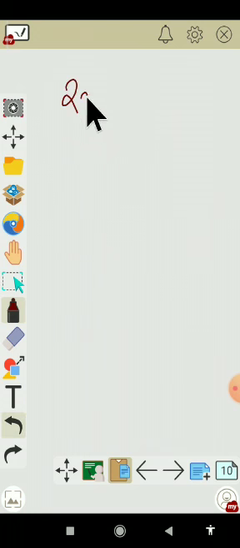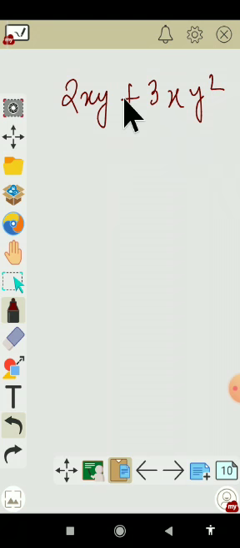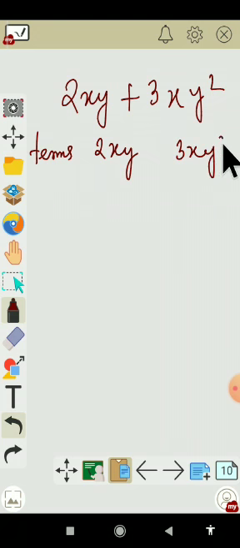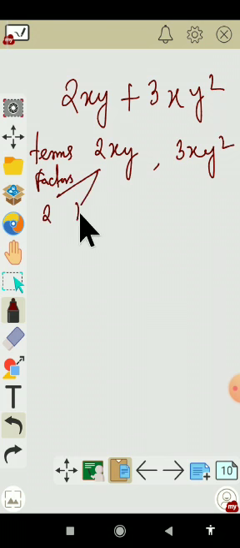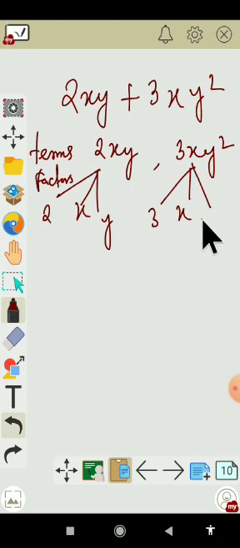If 2xy plus 3xy square is there, how many terms are here? 2xy and 3xy square. These are two terms. What are the factors of the first? 2, x and y. What are the factors of the second? 3, x and y square.